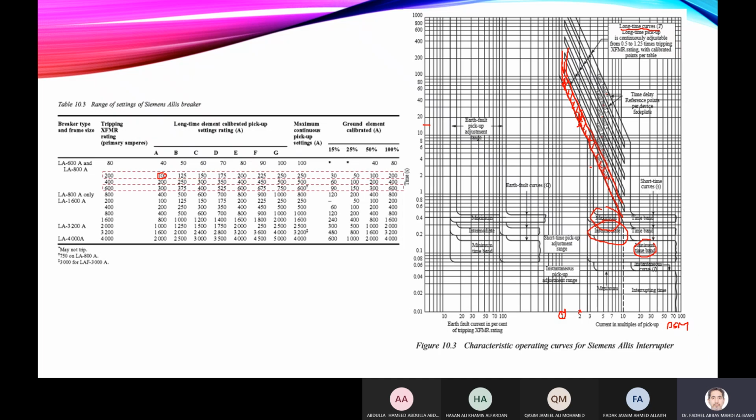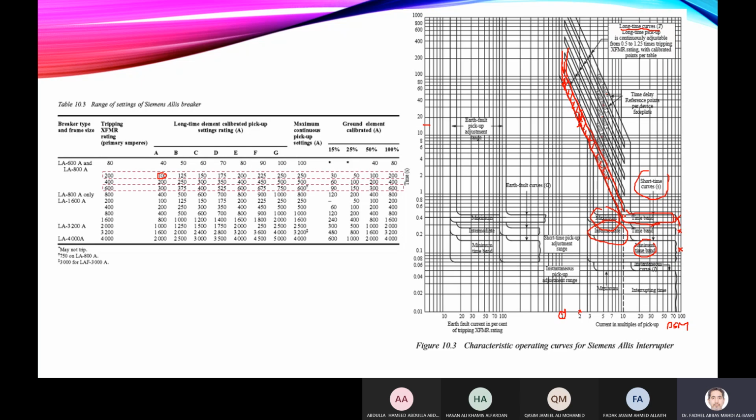So this is called the short time delay curves. These 1, 2, 3 are for short time. If I set it at a medium setting, the curve will look like this. So this is the medium band.